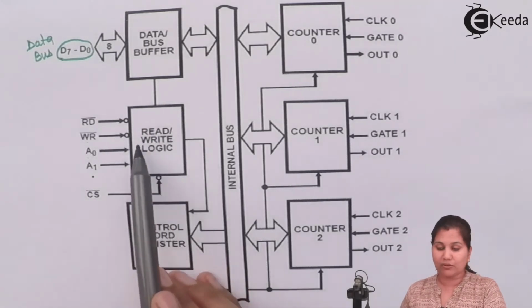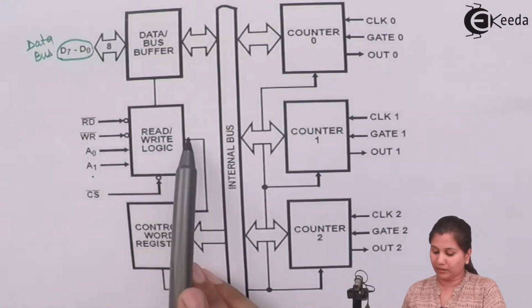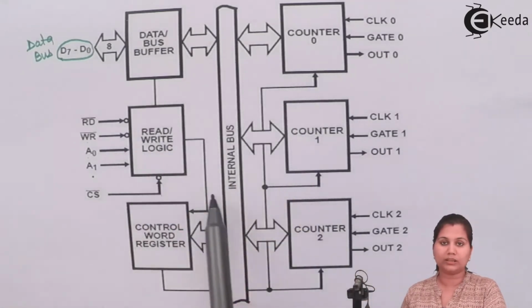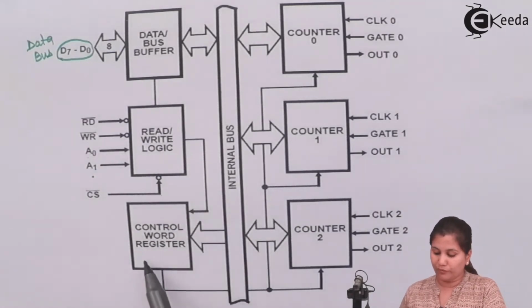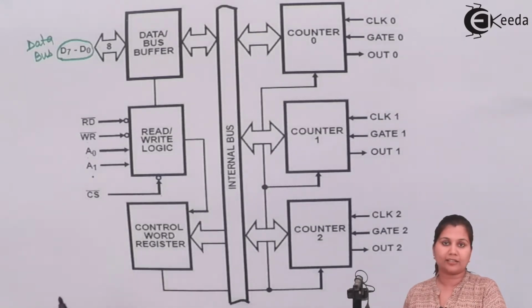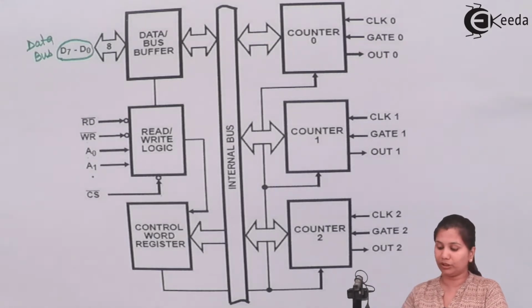The function of this read-write logic is to provide the control signals to all the other components of the 8253 IC. Then we have the control word register. The control word decides in which mode the three counters are operating.